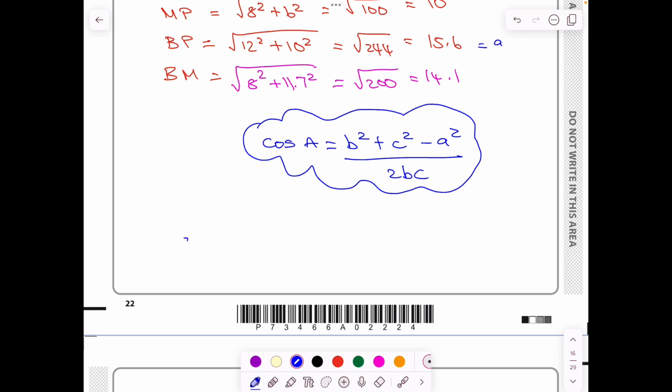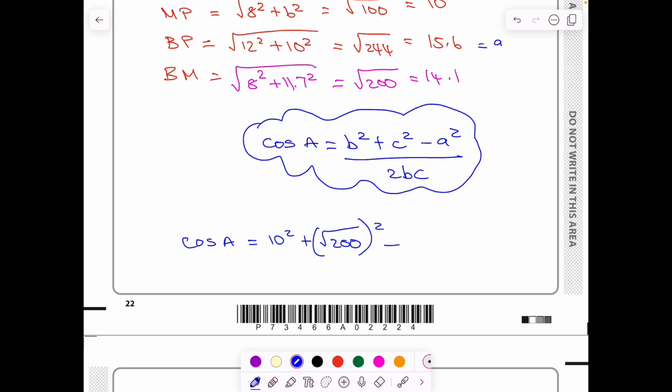Okay, so cos A equals 10 squared plus the square root of 200 squared. I'm using my original square root of 200 only so that I don't have to put too many previous answers in the memory of my calculator, I can just use it like this.